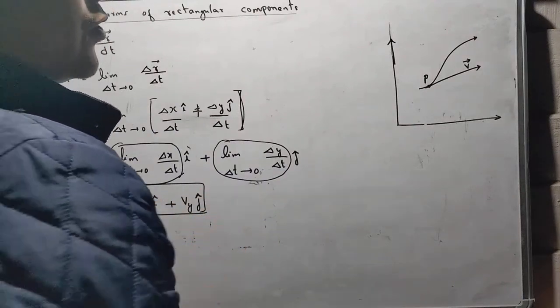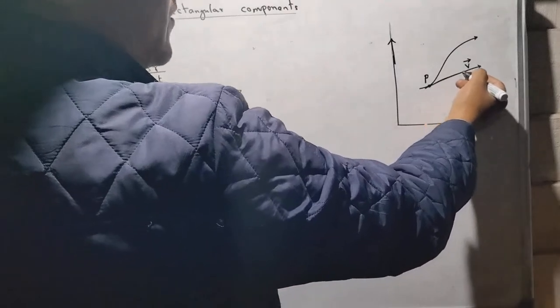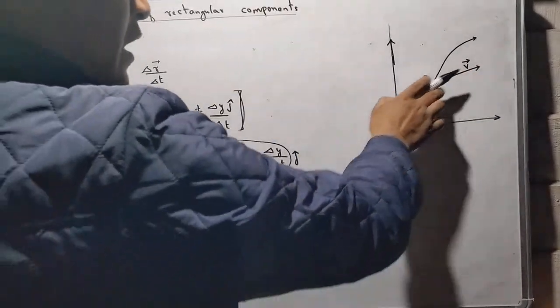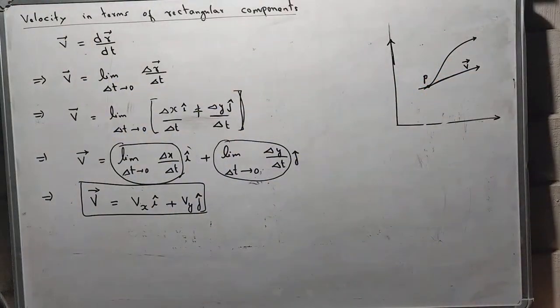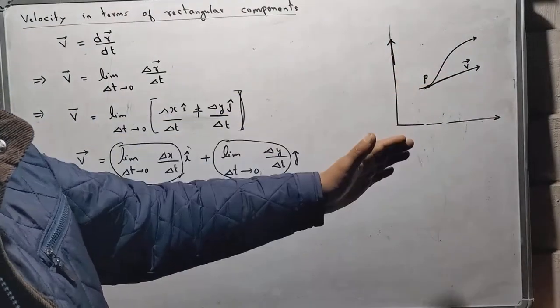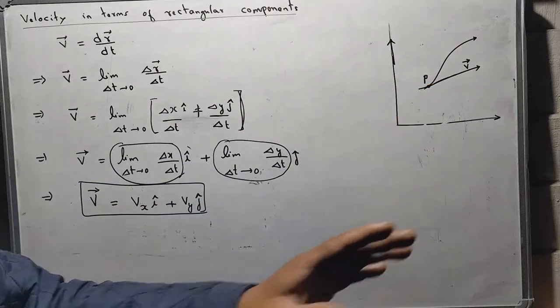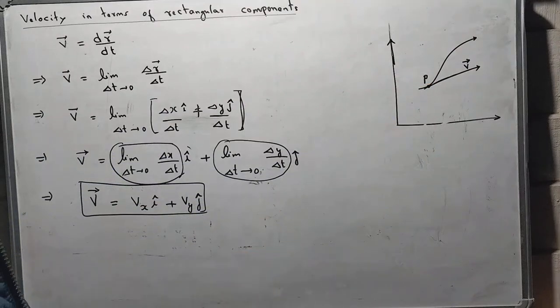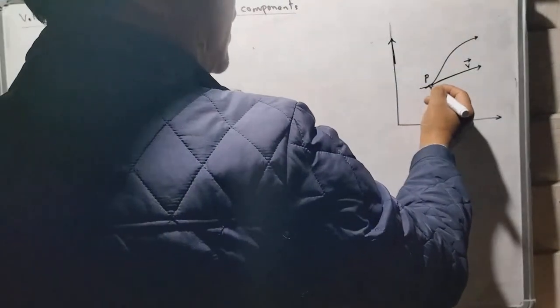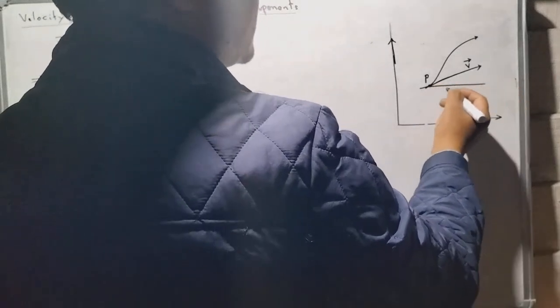The direction should be tangent at this point. So this is the direction of the instantaneous velocity v. Now we resolve this instantaneous velocity v into two rectangular components, vx and vy.